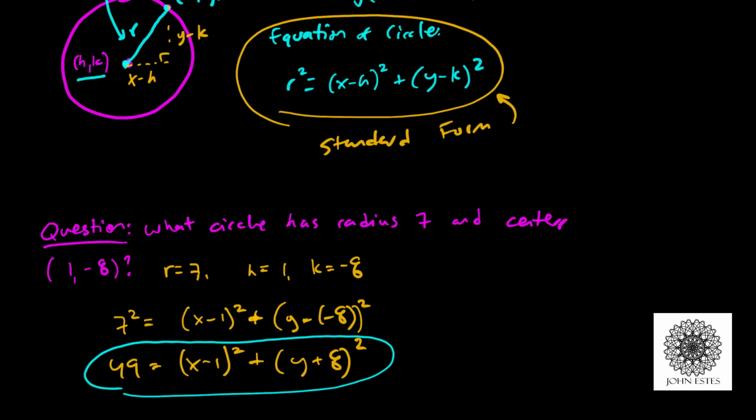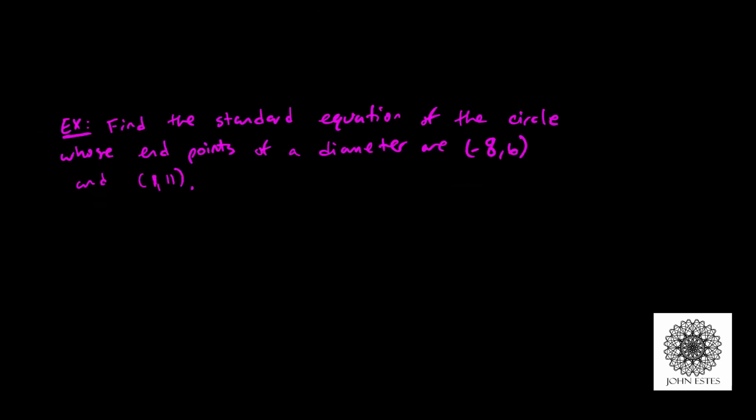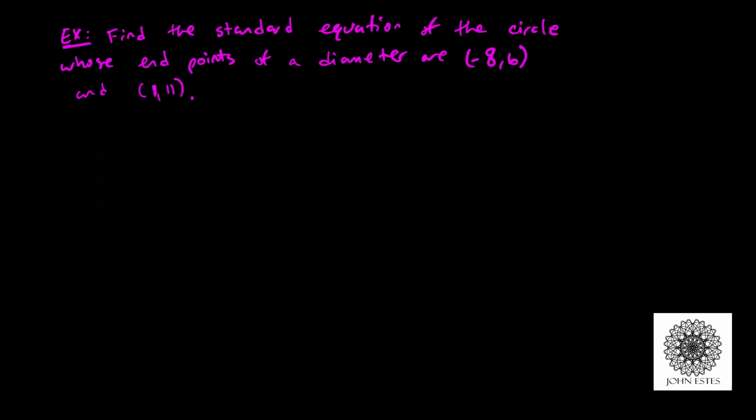Okay, that's not too bad. I have another example that requires a little bit more work, but it's still not too bad. Let's find the standard equation of the circle whose endpoints of a diameter are (-8, 6) and (1, 11). Now I have a circle here, and I don't know the center, but I know two points on the end.